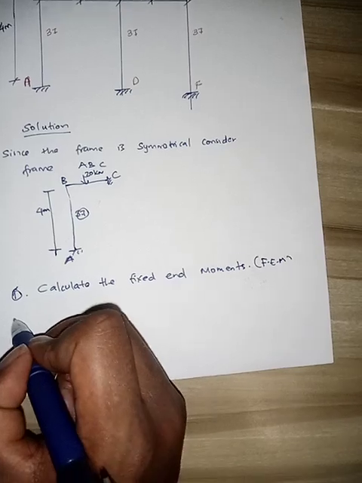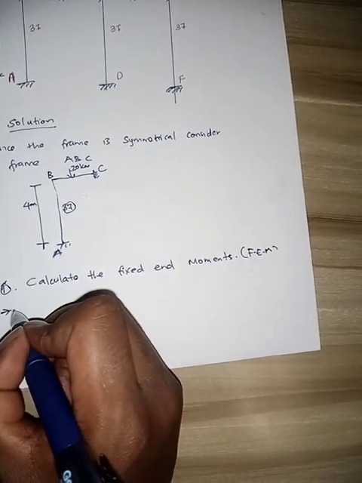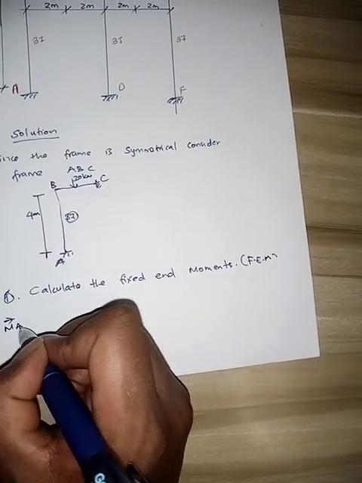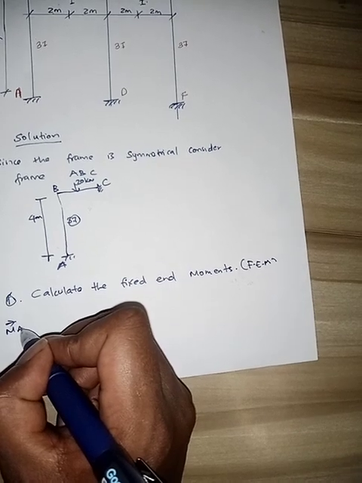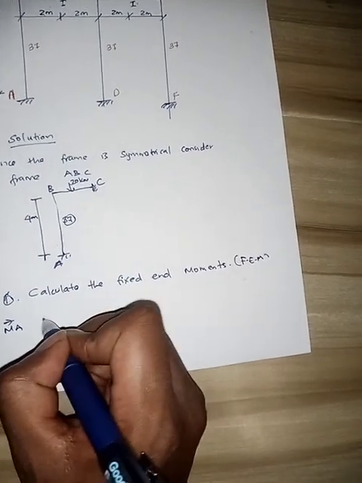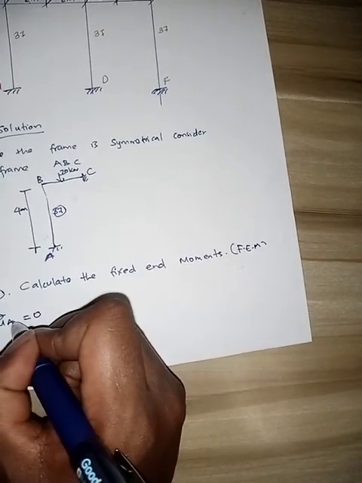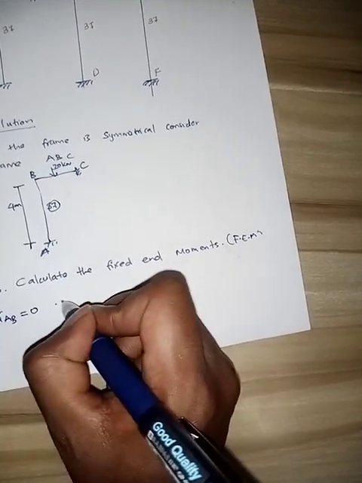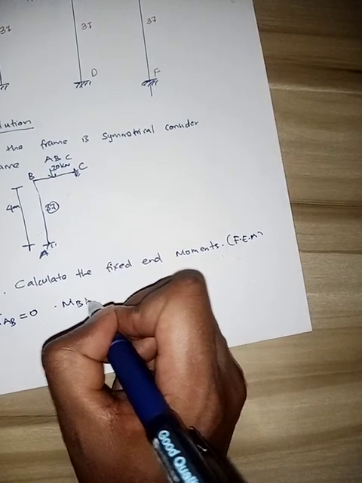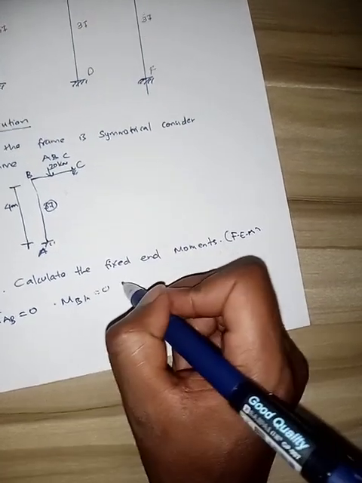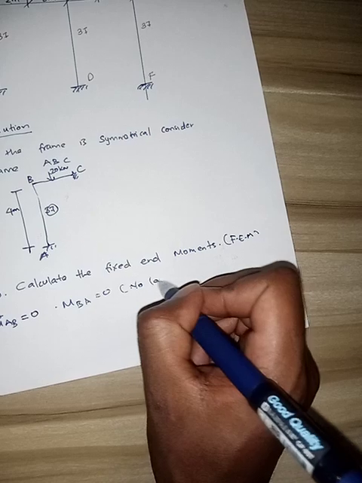So for MAB, it is 0 because there is no loading. Same case as that is MAB, and MBA is also 0 because there is no load.